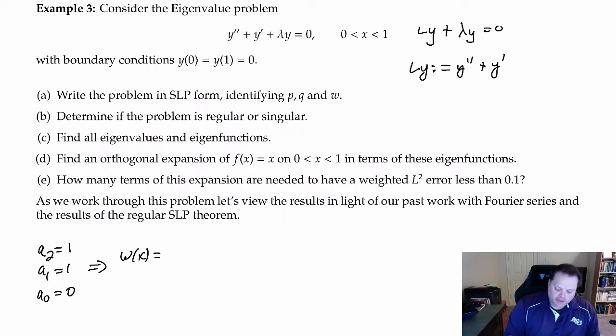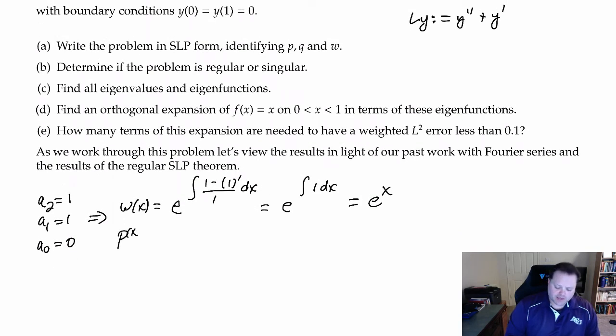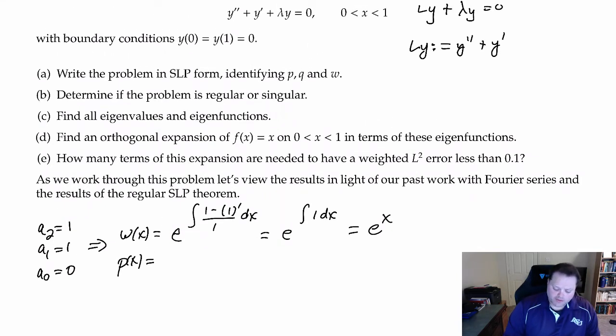Our weight function is e to the integral of A1 minus A2 prime over A2, which looks like it's just 1, which means that our weight function is e to the x. This means p of x is A2 times the weight, so it's e to the x as well. P prime of x is also e to the x, which we expect, right? The derivative of e to the x is e to the x.